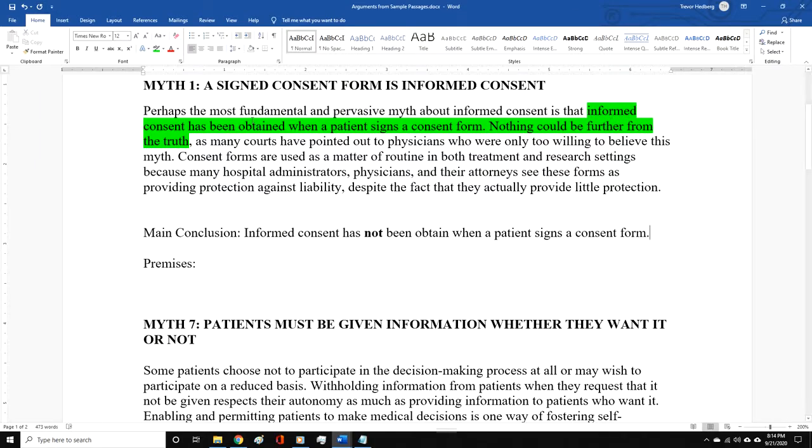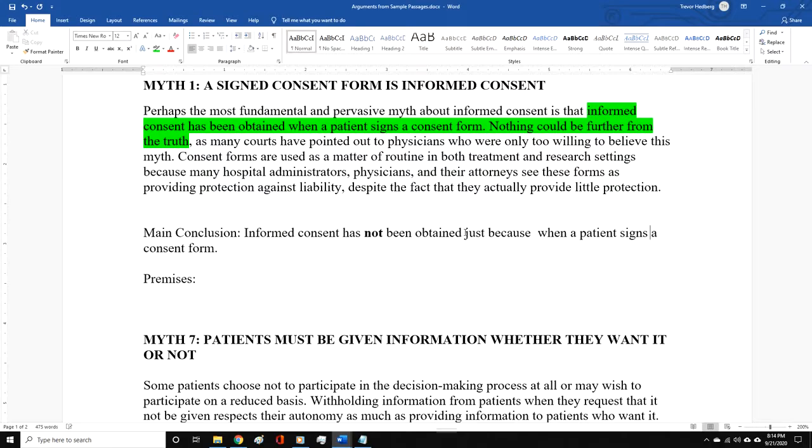Now that's close. I think we're going to change the language a little bit. So let's express this idea as follows. Informed consent has not been obtained just because a patient signs a consent form. That seems to be a fair representation, bridging these two ideas together.